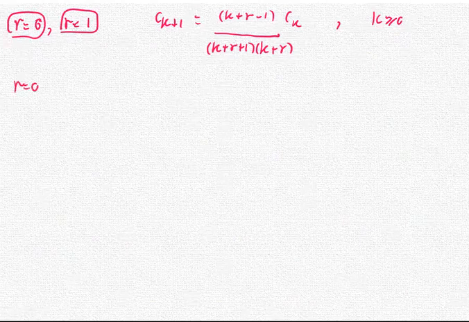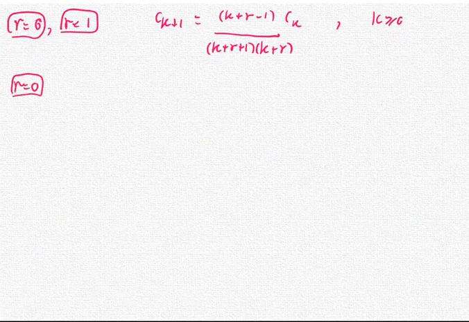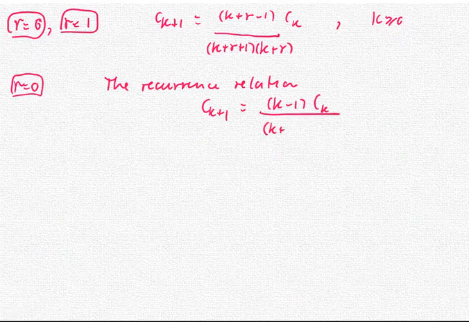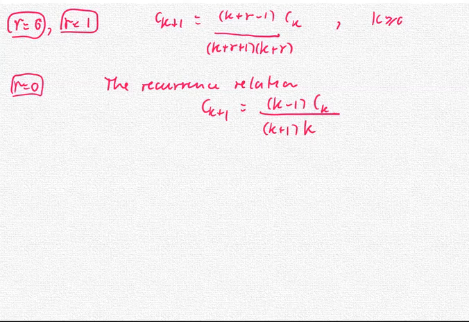For r equals 0, the recurrence relation is going to be c_{k+1} equals (k − 1) times c_k divided by (k + 1) times k. Okay?